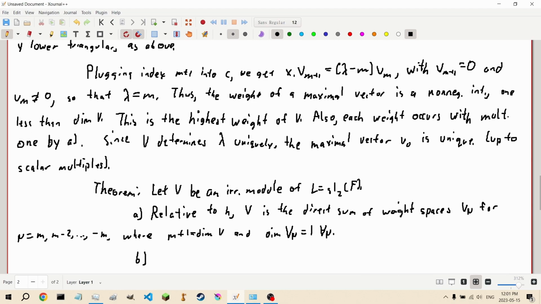Secondly, we have seen that V has, up to scalar multiples, a unique maximal vector, with an asterisk to indicate that's up to non-zero scalar multiples, whose weight is just going to be m.